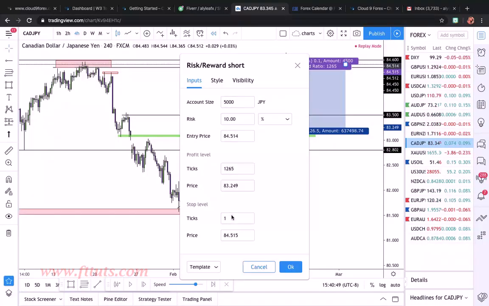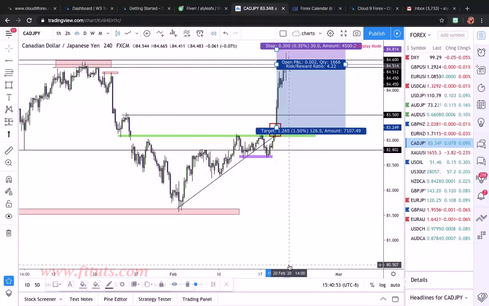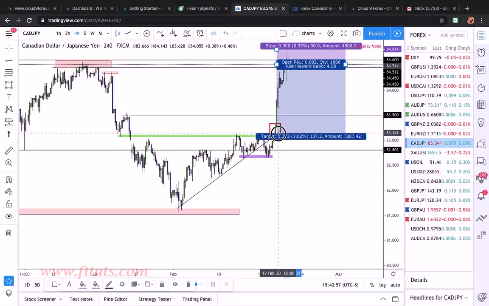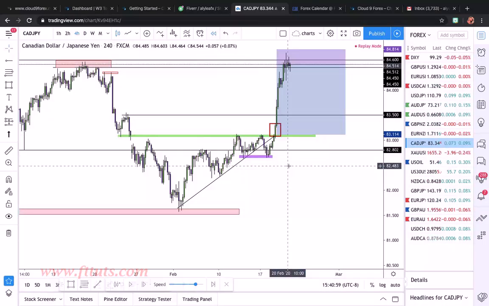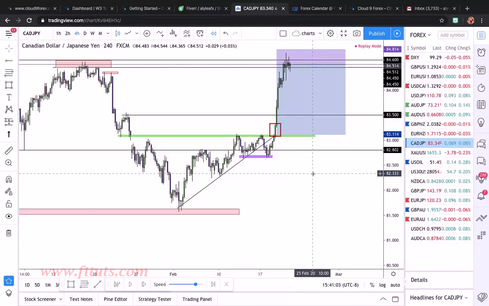And then our stop loss is 30 pips. And then our target is support, right? Because it broke through 83, so it's going to come back down and test 83 again.